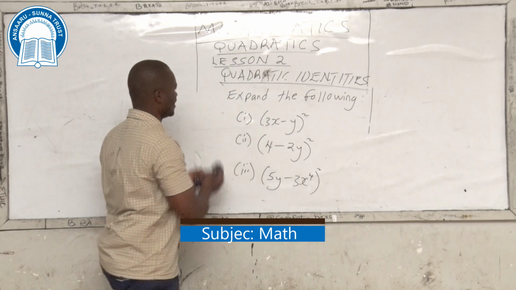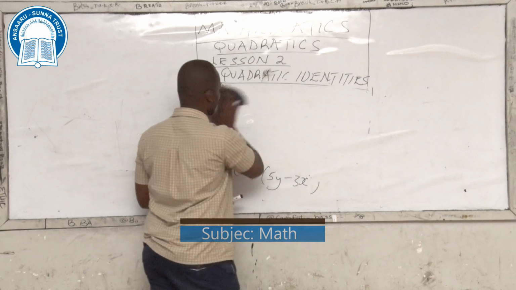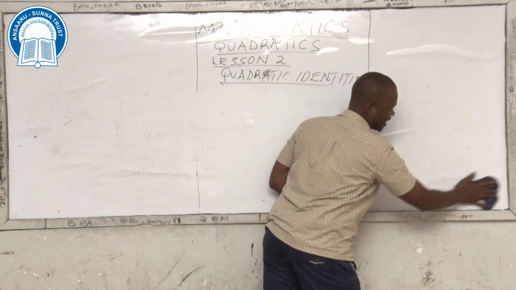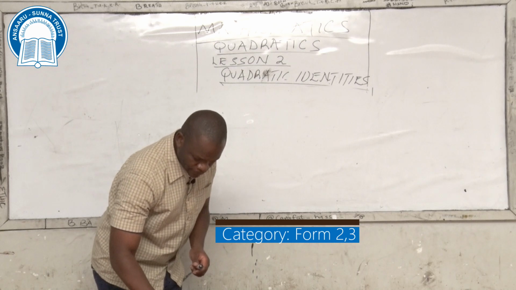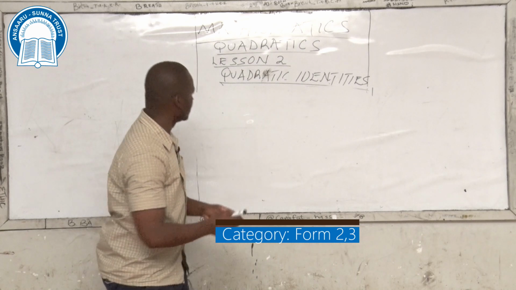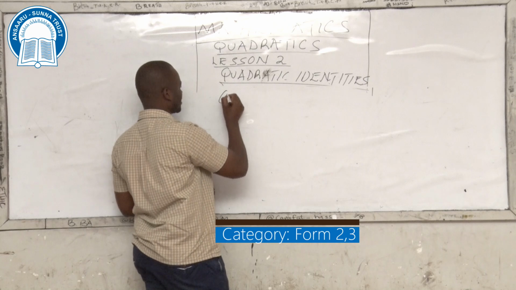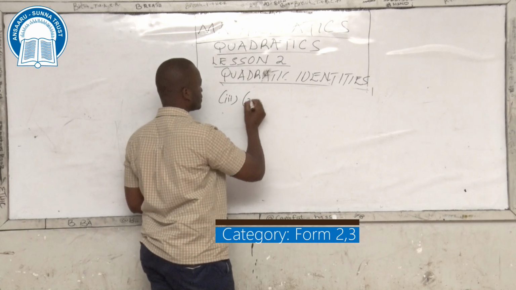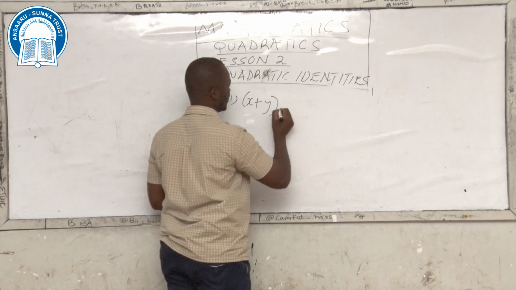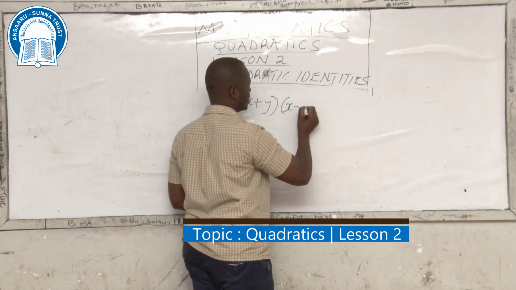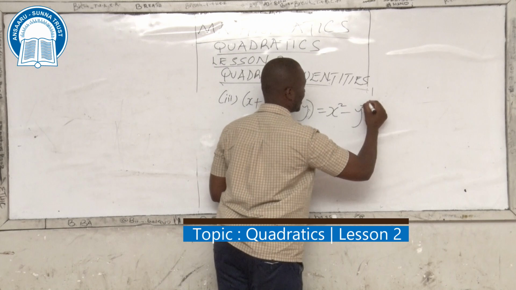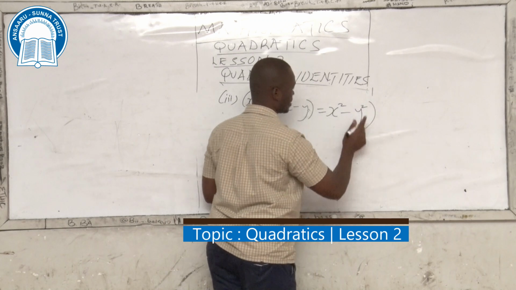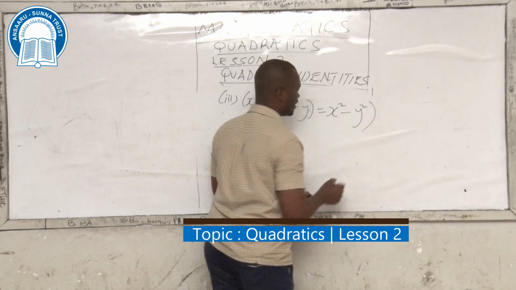the third identity. The third and the last identity, we have said it is given by what? x plus y times x minus y. That gives you x squared minus what? x squared minus y squared.